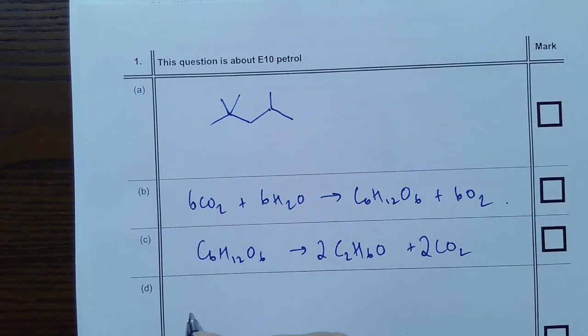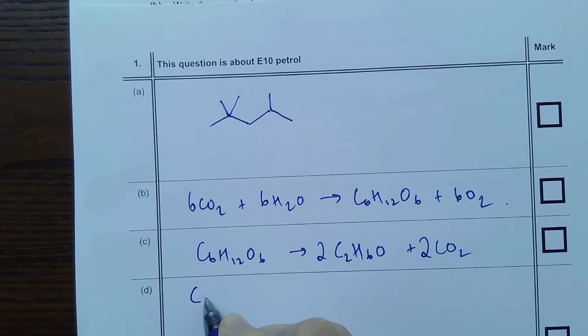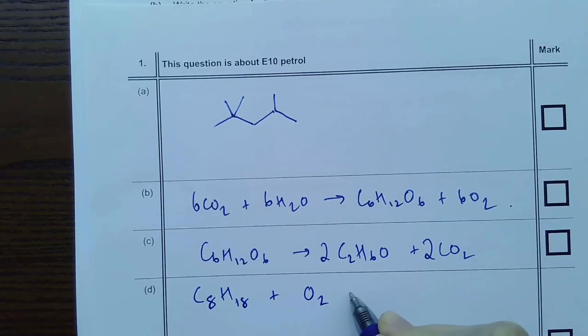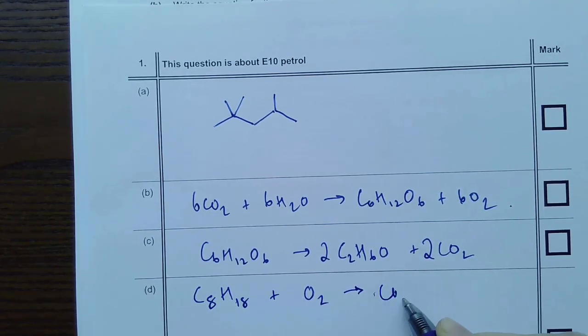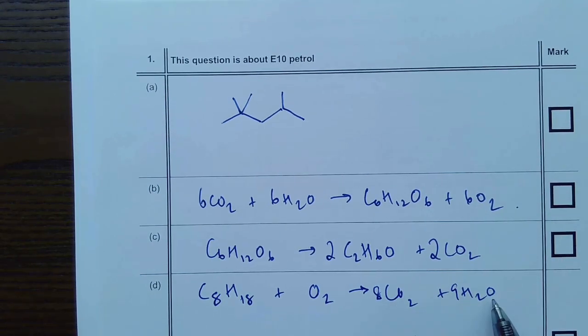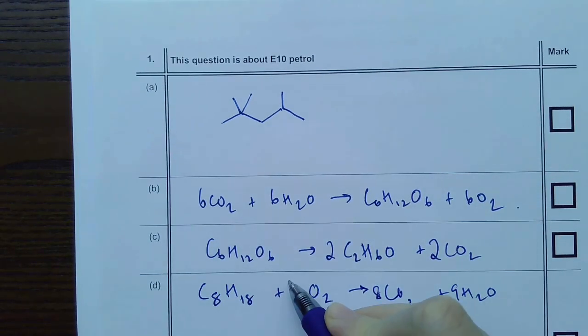Okay, so octane is the alkane, so it's C8, H, if this is N, this is 2N plus 2, so that's 18, plus O2 gives me carbon dioxide and water, so I need to balance that. So I'm going to have 8 carbon dioxides, 9 waters, and now my oxygens, I've got 16 oxygens here and 9 here, is 25 oxygens, so I'm going to do 25 over 2.